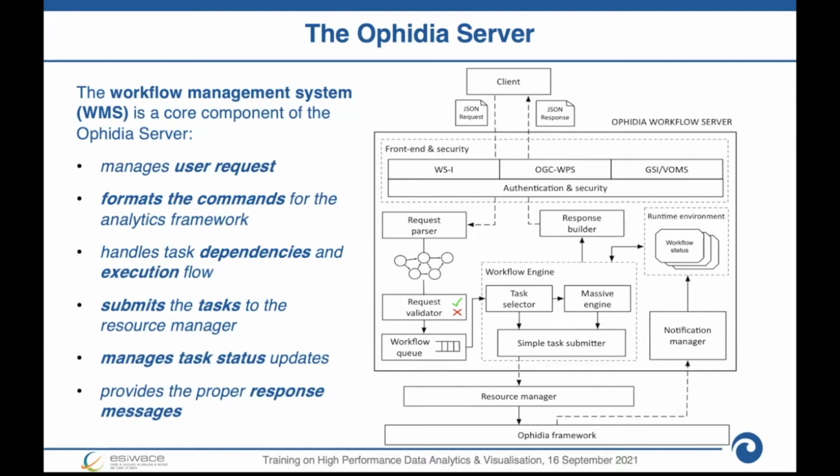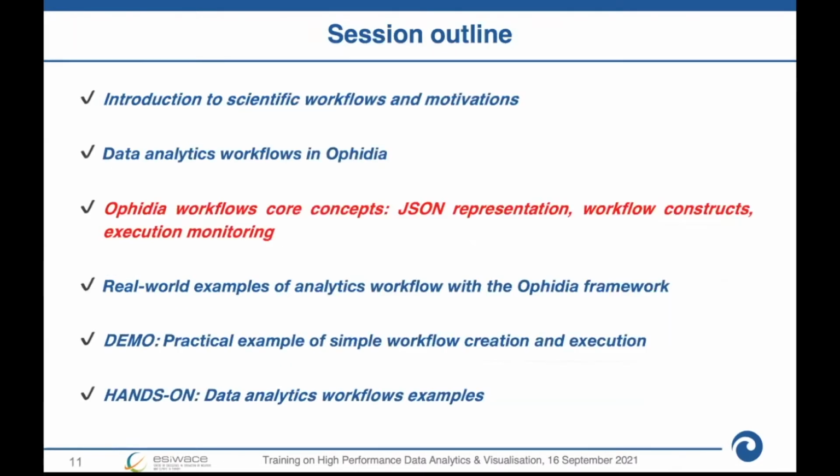And this will consist basically in a list of tasks and their execution status, let's say. Of course, the workflow management system also takes care of handling the advanced constructs which are defined in the JSON request. So now we go more into the details of the JSON representation used in the Ophidia framework and some of the main features which are supported for building workflows.